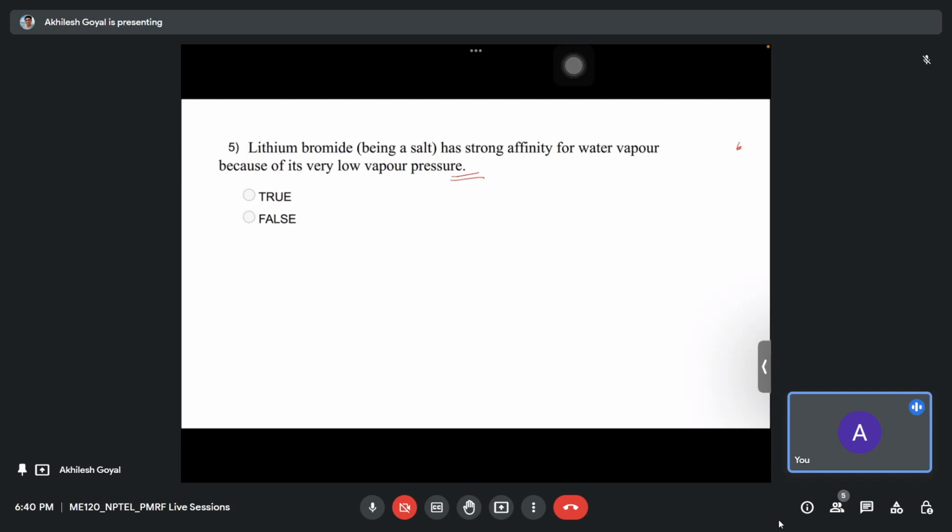This is a direct statement, and this statement is true. Yes, lithium bromide has a strong affinity for water vapor, and the sole reason for that is the very low vapor pressure of the lithium bromide. Let's move to the next one.